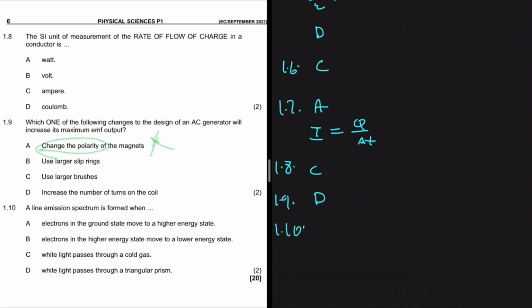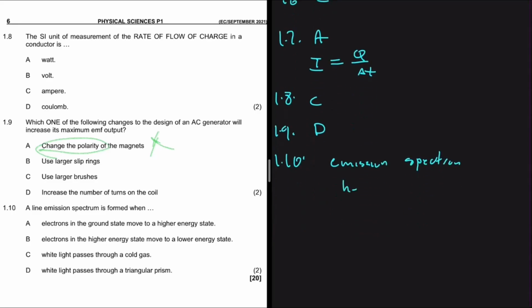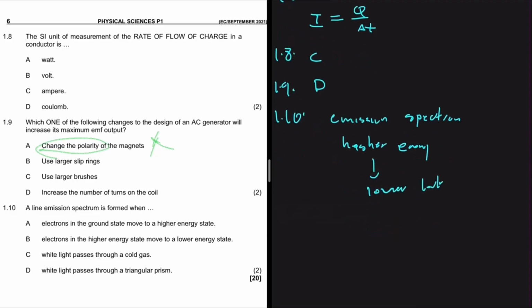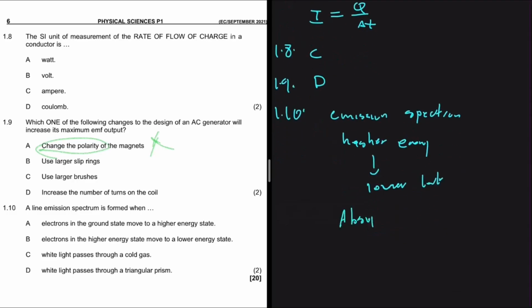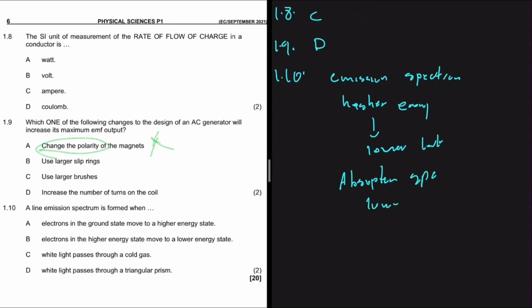1.10 says a line emission spectrum is formed when, okay, back to the basics again. So an emission spectrum is formed when we go from higher energy levels to lower energy levels, right? And then an absorption spectrum is formed when we go from lower energy levels to higher, right?